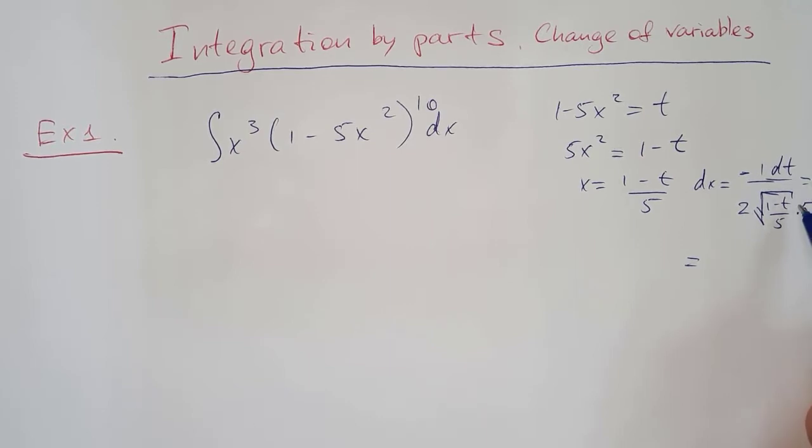So this is t, and it will be dt here. So now it is minus dt over 10.